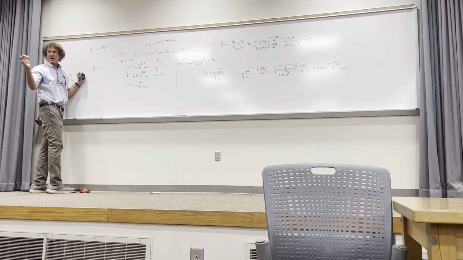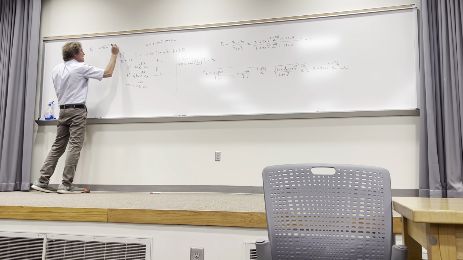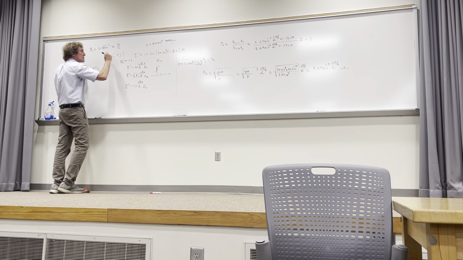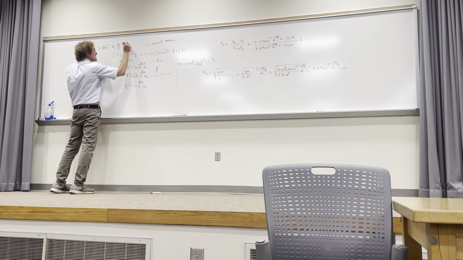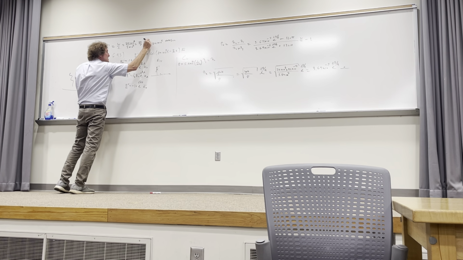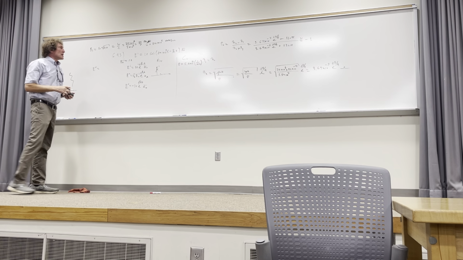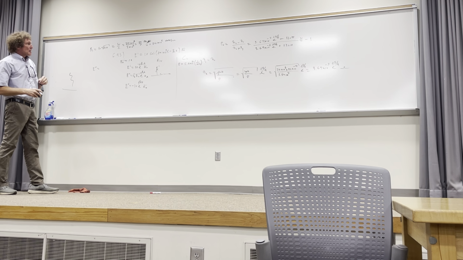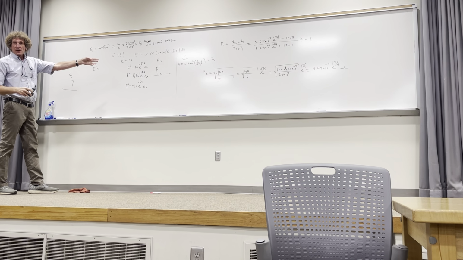So this is really equal to omega divided by the speed of light, or it's 2 pi times 10 to the 8th over c, which is 3 times 10 to the 8th, and that's 2 pi over 3 radians per meter. Right? So that would be beta 1, right?